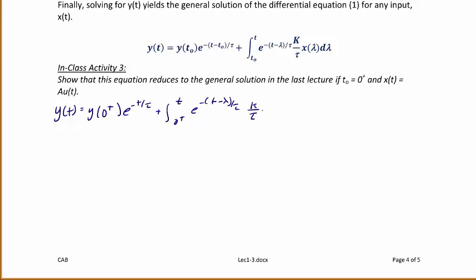Remember, x of t is a u of t, so this becomes a d lambda.